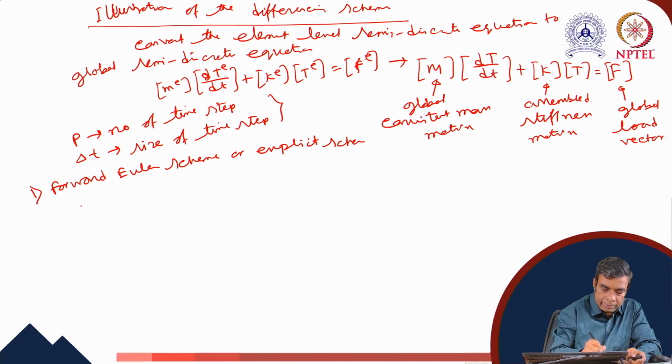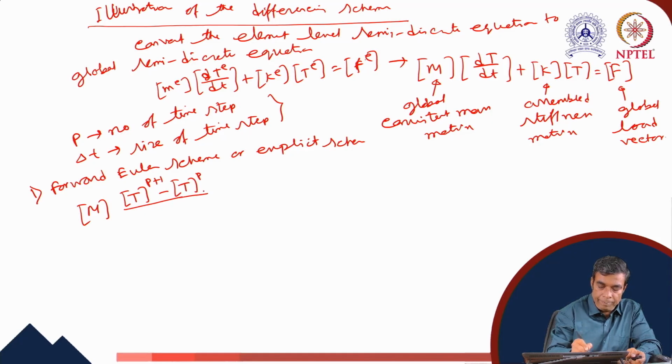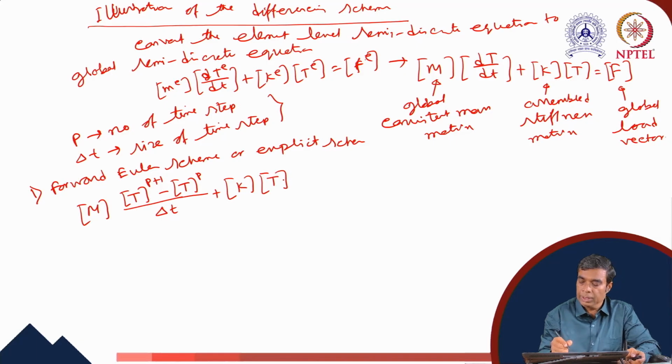So for this case, the mass matrix, here this dT/dt we represent as temperature at the P plus 1th level minus temperature at the Pth level by delta T, plus the stiffness matrix K, it is constant, and then the temperature associated with the stiffness matrix we consider at the Pth level or the current level, and then the load vector is also at the current level.